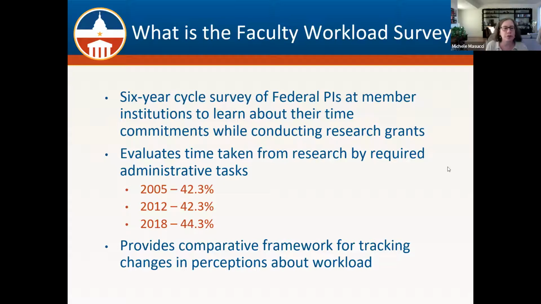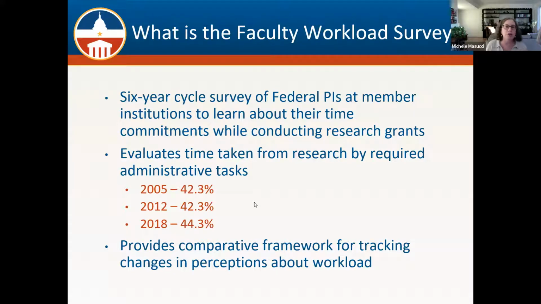It was initially called the faculty burden work survey in its first iteration. And the idea is to use this survey to learn what federally funded principal investigators at our member institutions are experiencing with respect to the implementation of their awards.